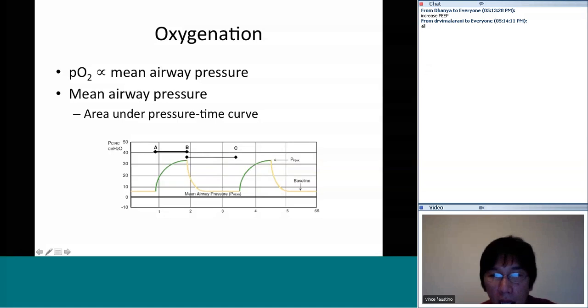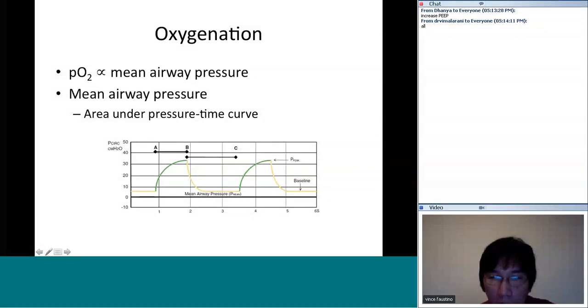So anything that's going to increase that area is going to increase your PO2. This is PEEP, for example. If I bring that up, your PO2 is going to go up. This is your PIP. If I bring that up, then your area also goes up, and that's also going to increase your PO2.